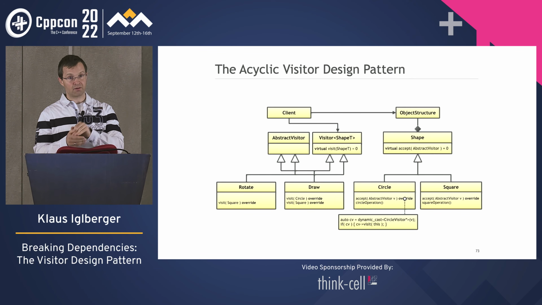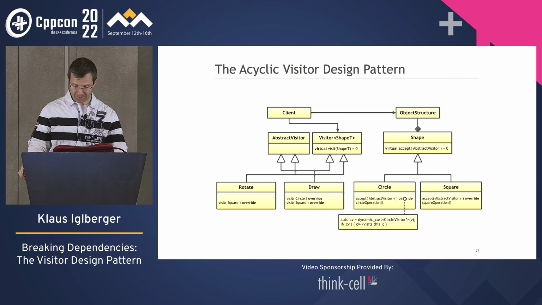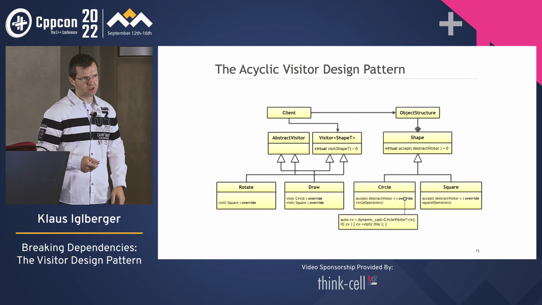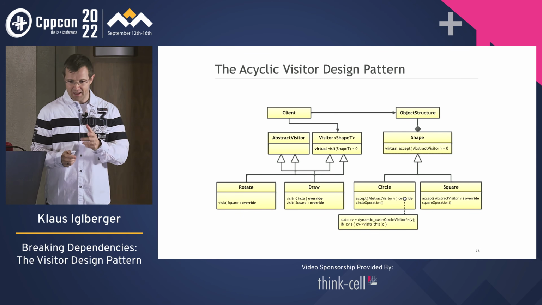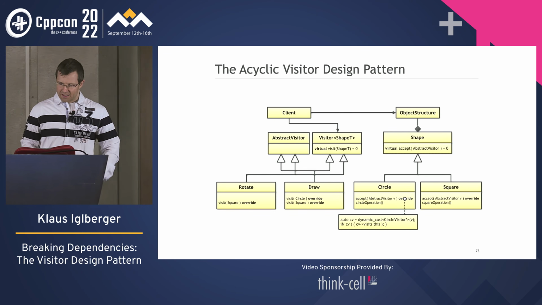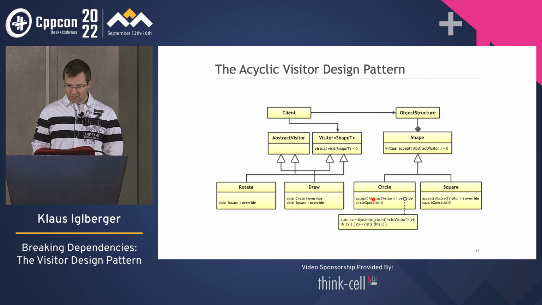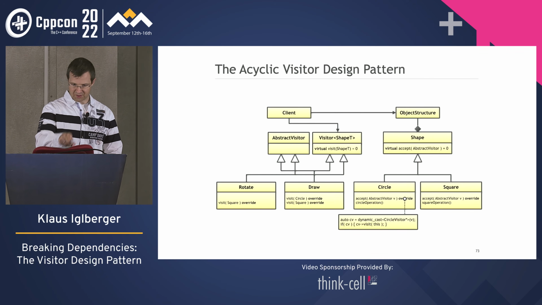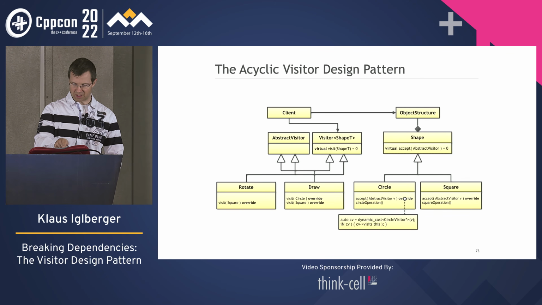So it's totally independent. However, now, and this is where people usually start to feel uneasy, we now have to implement this accept a little differently. So, for instance, the circle in the accept would first try to convert this visitor into a circle visitor. And of course, this does not fit the picture perfectly anymore, but you get my point.